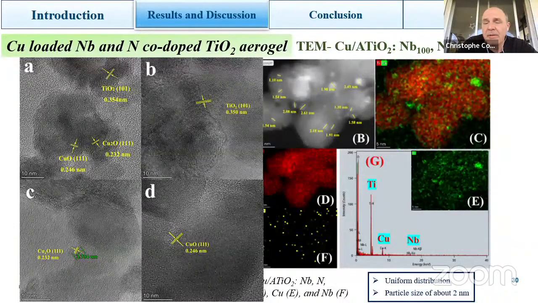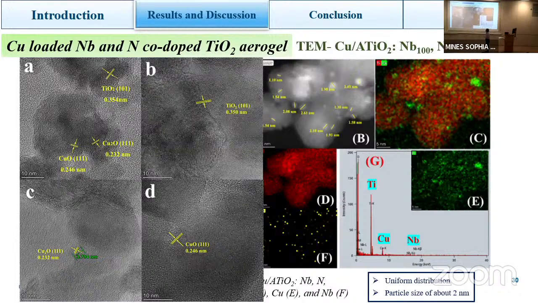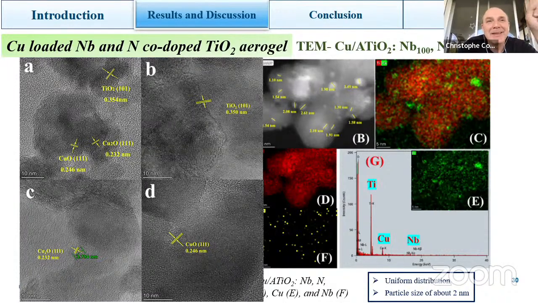You mentioned that on pure titanium dioxide there is almost no production of methanol. Yes, low. It's not none, but lower.